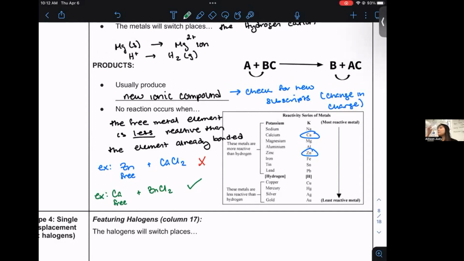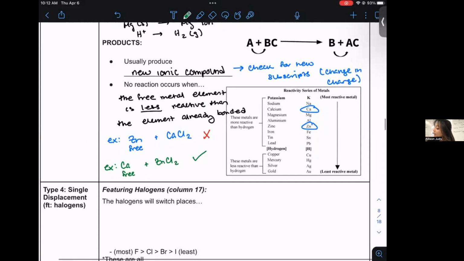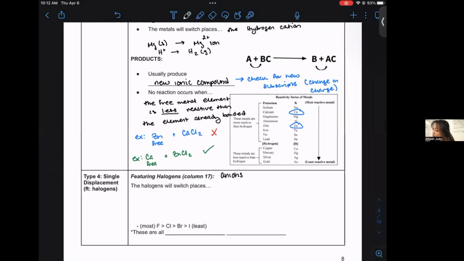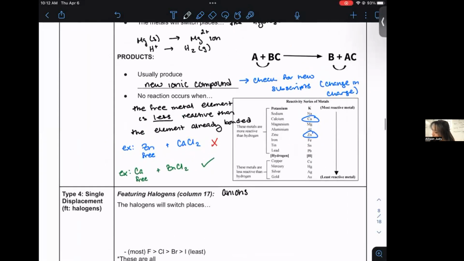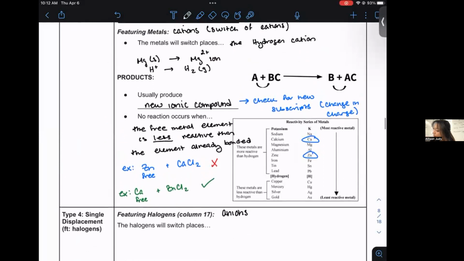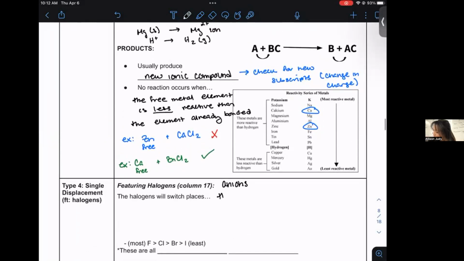So this is what can happen with single displacement, and we can have a single replacement with halogens too. With halogens often being anions, the other half of an ionic compound, right? So the halogens will switch places in such a way that you're switching out anions, the negative charge in the ionic compound.